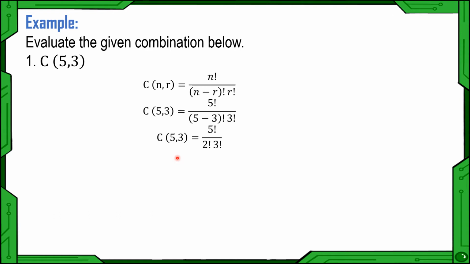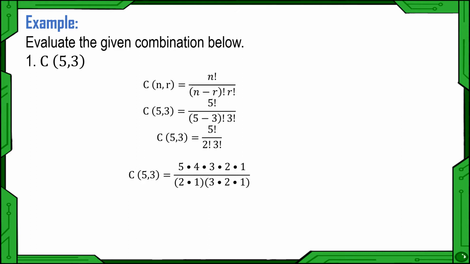And simplify 5 factorial, it will become 5 times 4 times 3 times 2 times 1 over 2 factorial, so this is 2 times 1, and multiply by 3 factorial, so this is 3 times 2 times 1. So you can see here that our operation is division, so we can use cancellation.